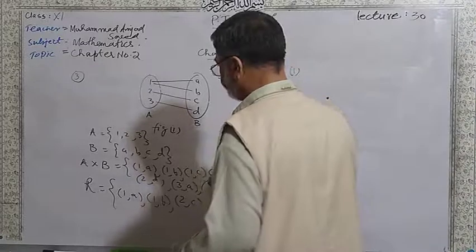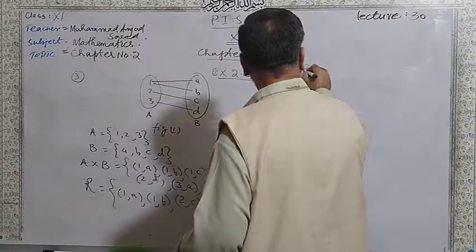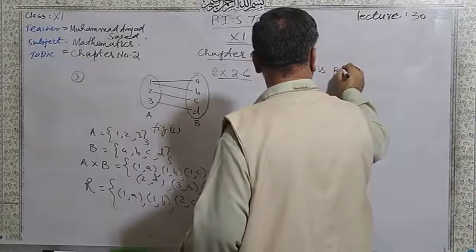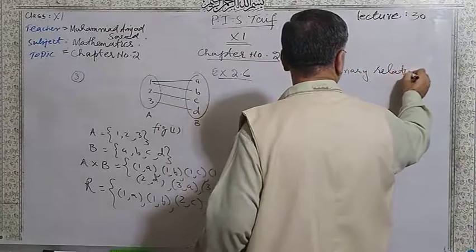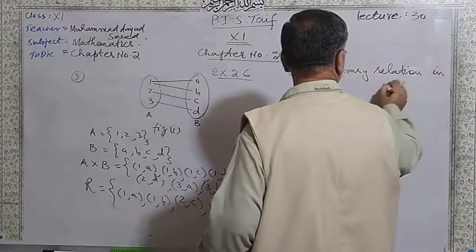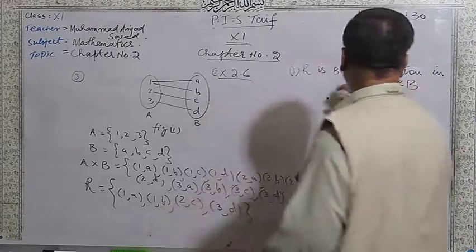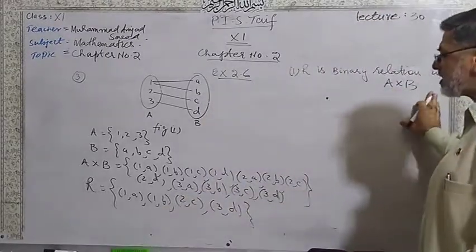Number 1: R is a binary relation. That was your first condition. R is a binary relation in A cross B.